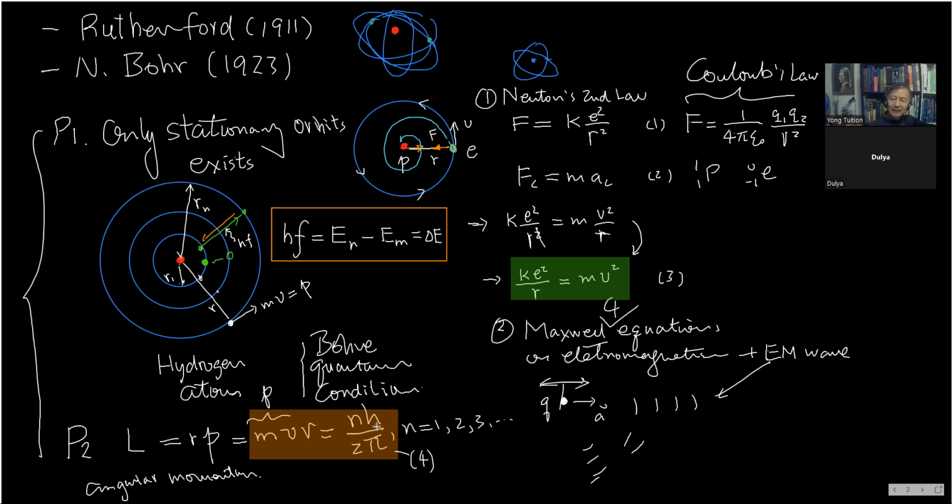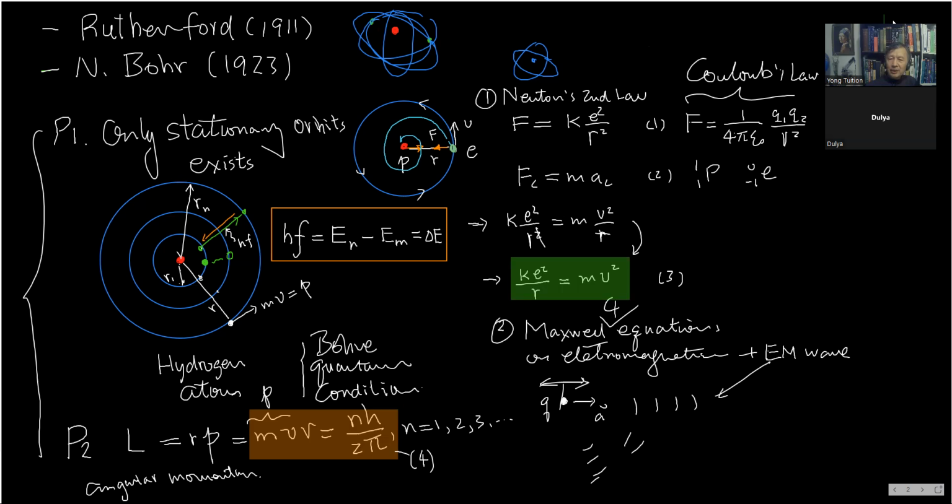Now I will simplify the story. Although this is not required in the ATAR, I think it will be interesting for you to know the math and also the idea. If I just highlight this area, I'm going to talk about a very important result of the Bohr model.